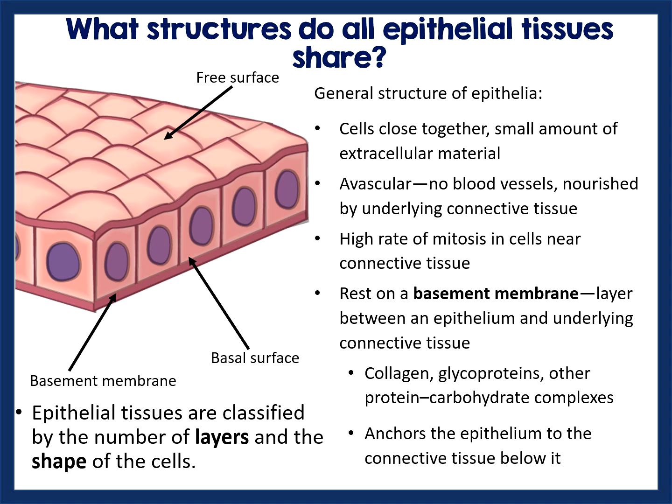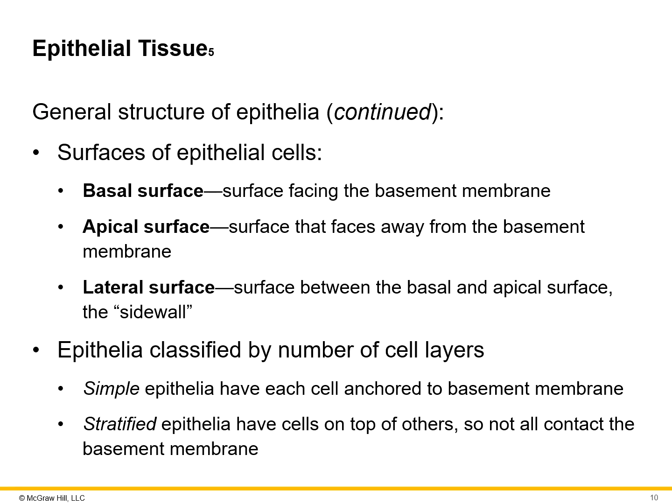The way that we classify epithelial tissue is by the number of layers and by the shape of the cell. And the number of layers and the shape of the cell is the anatomy, and that is going to determine the function. So the free surface is also called the apical surface.